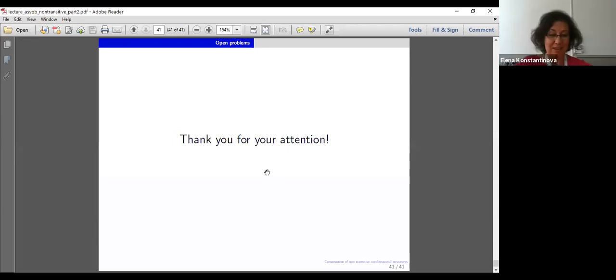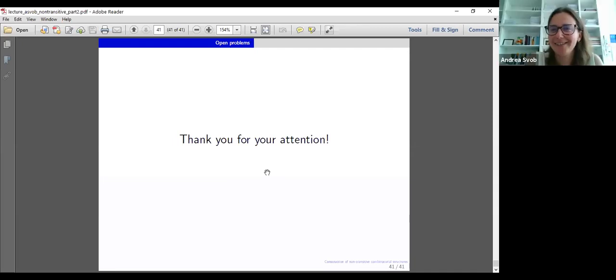We know something about the combinatorial and graph-theoretical structure of this family of graphs, but we know nothing about the geometry. So it would be interesting to understand. This is a very nice question for finite geometries also.